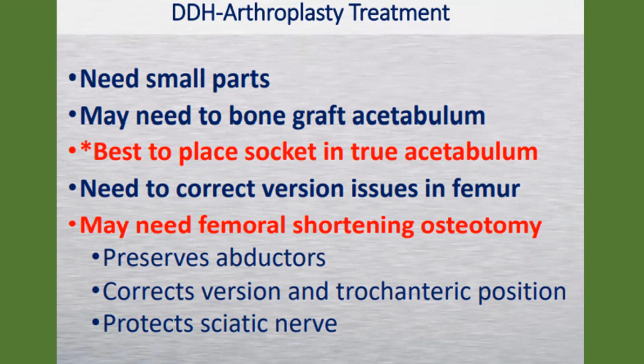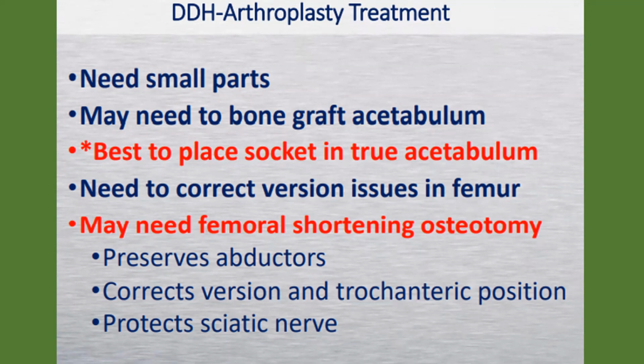You need to correct the version issues in the femur. And you may need femoral shortening osteotomy. You have to preserve the abductors. And by preserving the abductors, you're changing the position of the trochanter from being posterior to lateral. And throughout, you should protect the sciatic nerve.